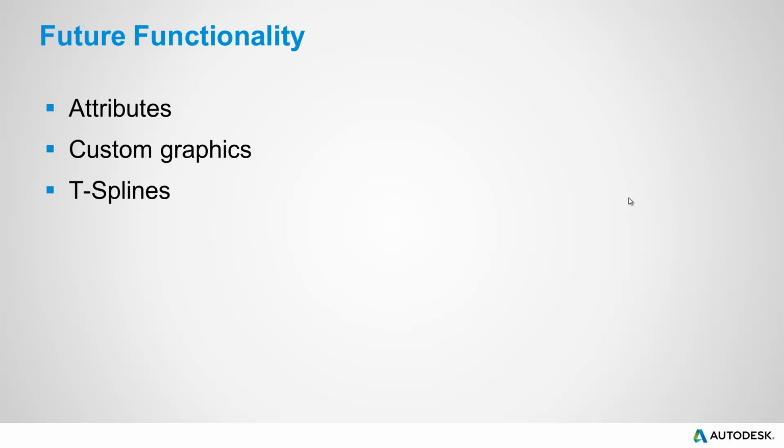T-splines, there's no support in the API to create or edit T-spline data. You can query the results of T-splines because when you leave the T-spline environment, that T-spline data is converted into a standard solid model, and then I can use that existing BREP API that we talked about a minute ago to query it, but I can't create or modify T-splines.